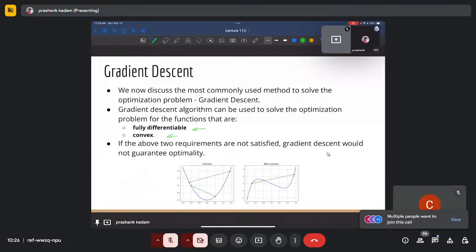Because if it is not convex, then suppose the curve is a concave curve, then you won't really get to a minima, right? This is where the optimization problem is a maximization problem. So you have a global maxima but there's no minima as such. On this kind of a function, you can't really run a gradient descent.